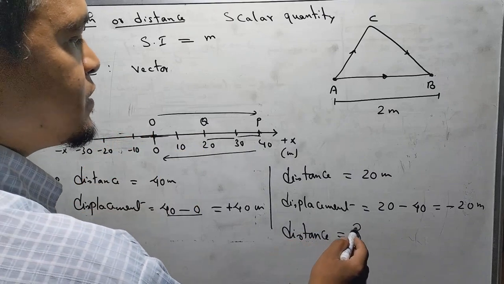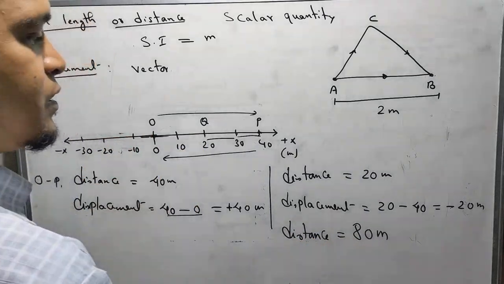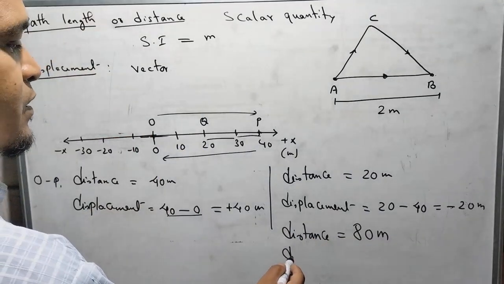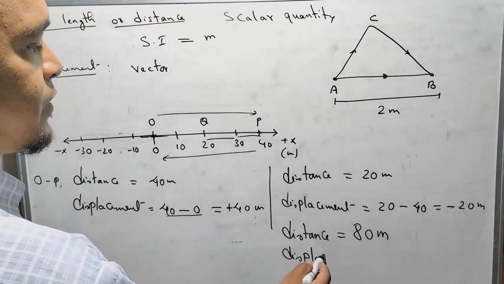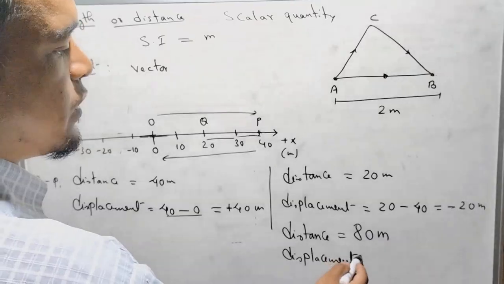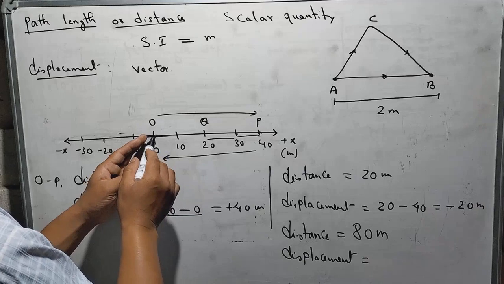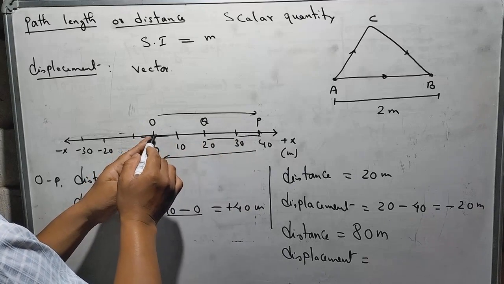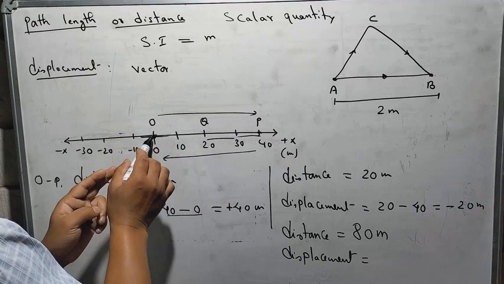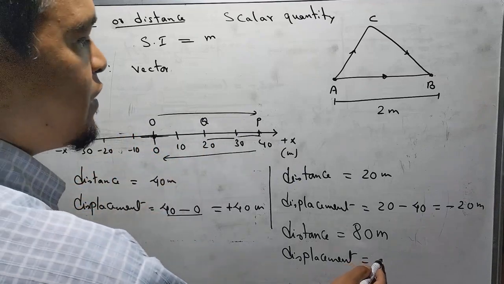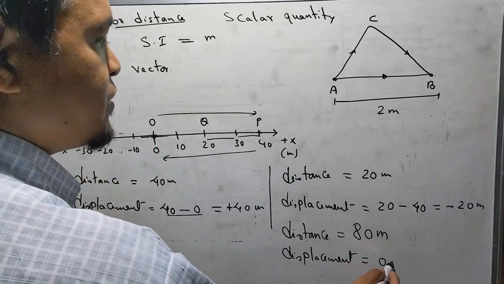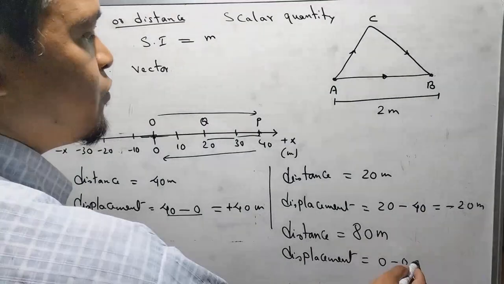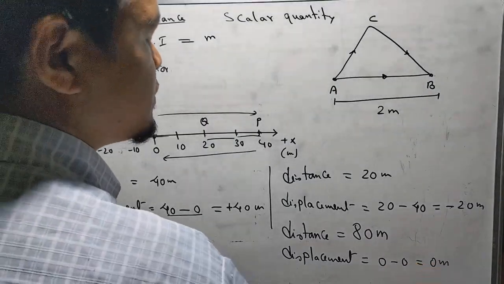So the actual length is 80 meter. And what about displacement? It starts from O, goes to P and comes back to O. So the initial position is here, and the final position is also here. Therefore the displacement is final position minus initial position, which means 0 meter.